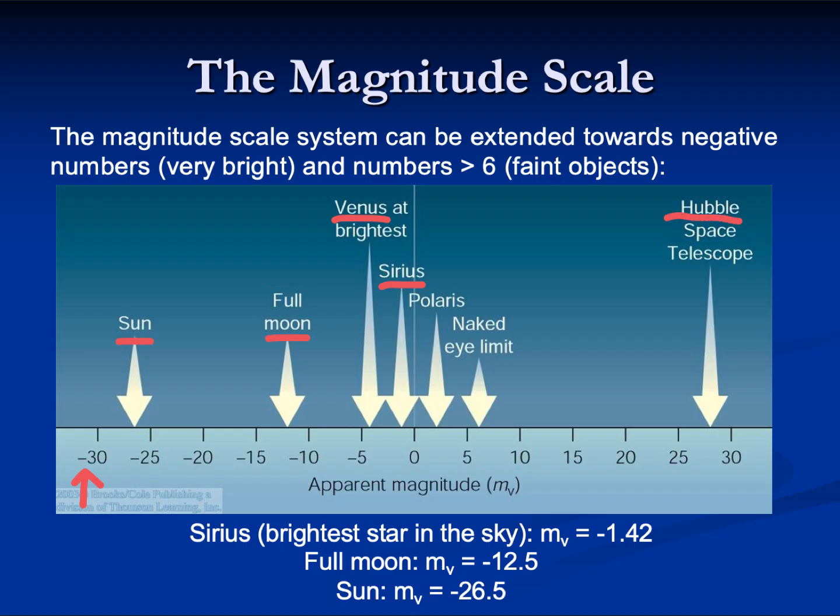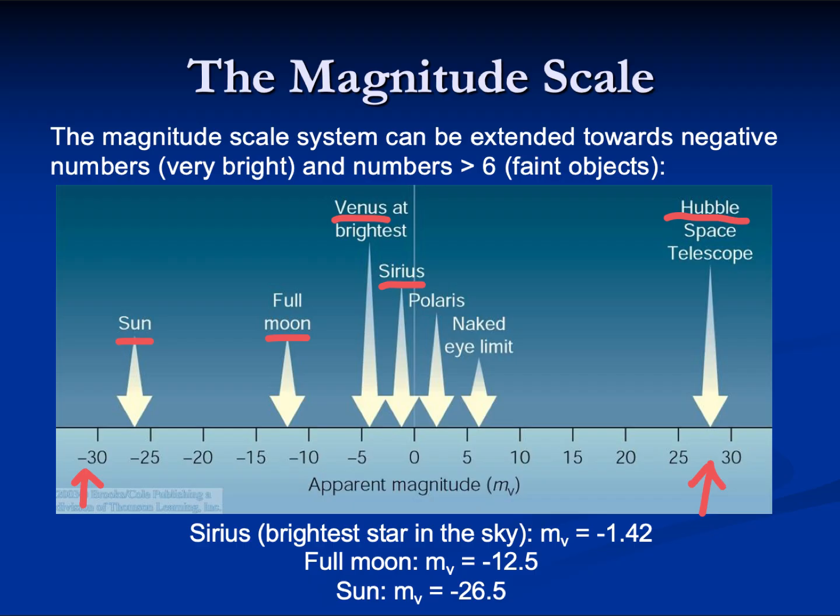The Hubble Space Telescope is capable of seeing stars as dim as magnitude 28. That is much too faint for telescopes on Earth's surface. The James Webb Space Telescope goes out to magnitude 34.